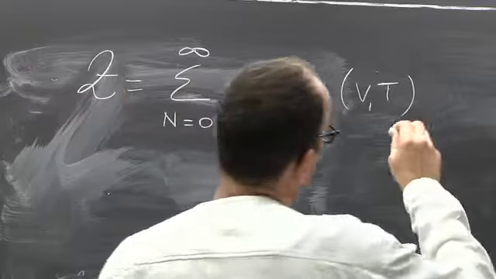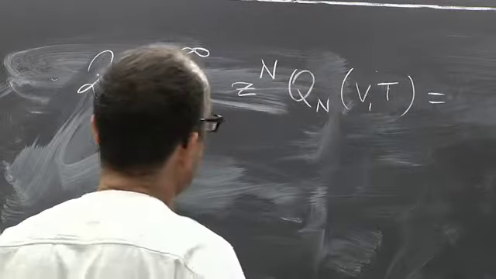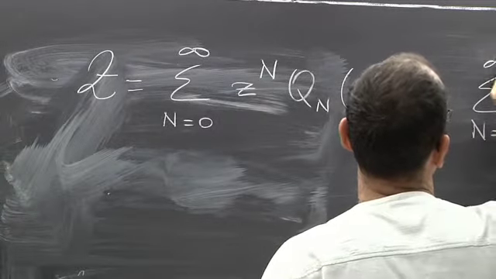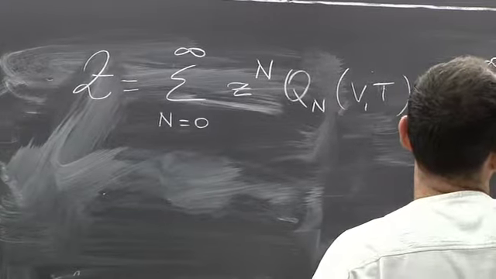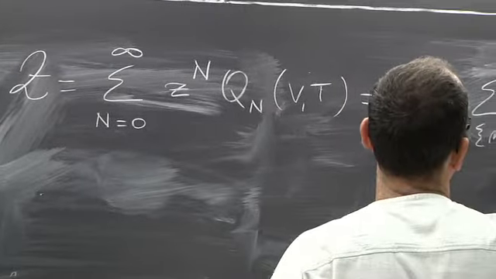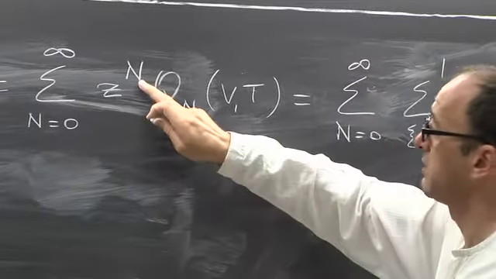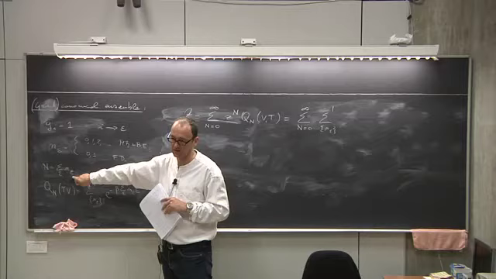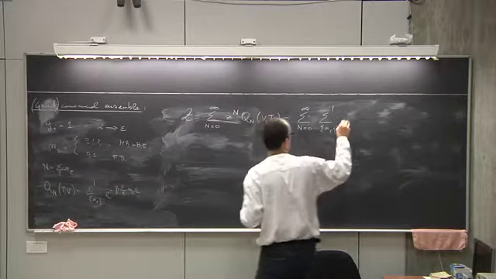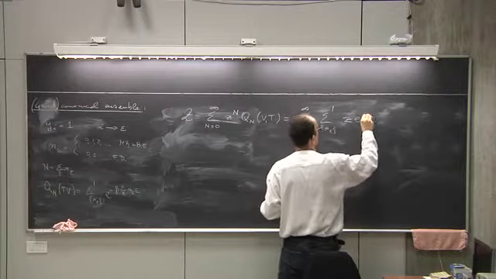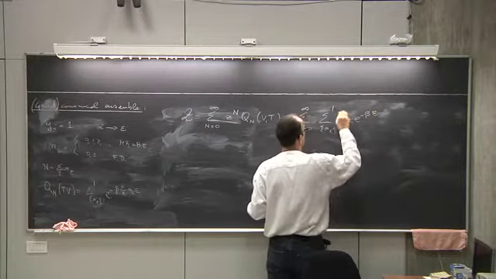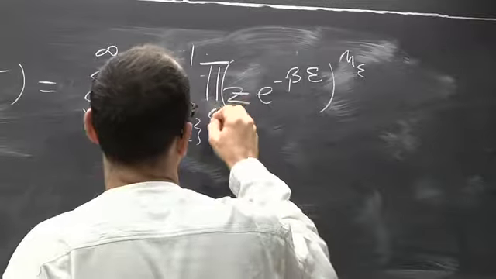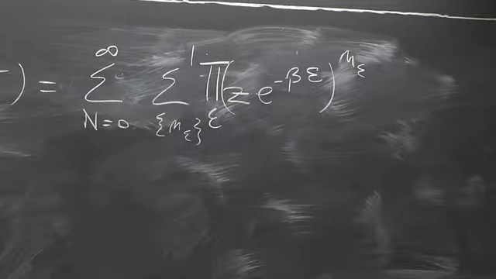Now if I just rewrite it, I have the sum from 0 to infinity, and then a sum over all the states consistent with that constraint. Now this n here, I can just write in this form, so that I have z e to the minus beta times the energy to the power n epsilon, product over all the states.